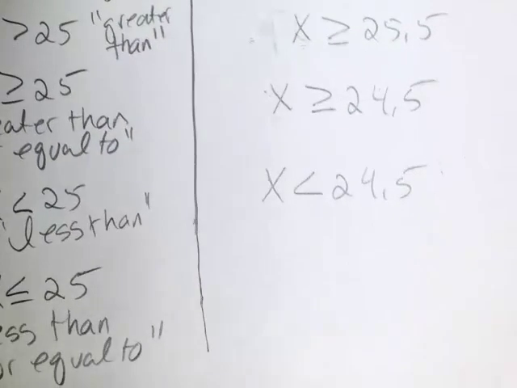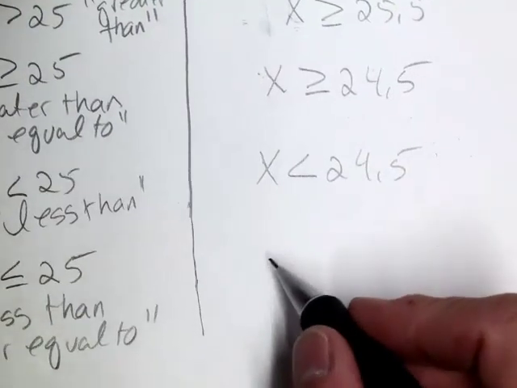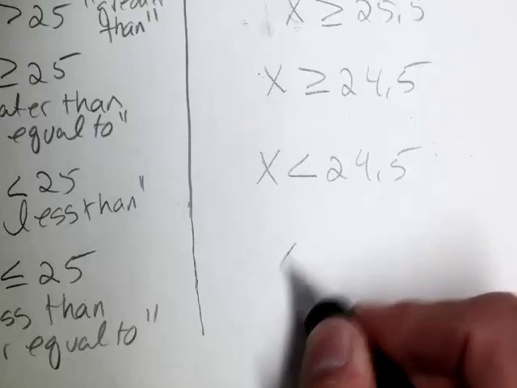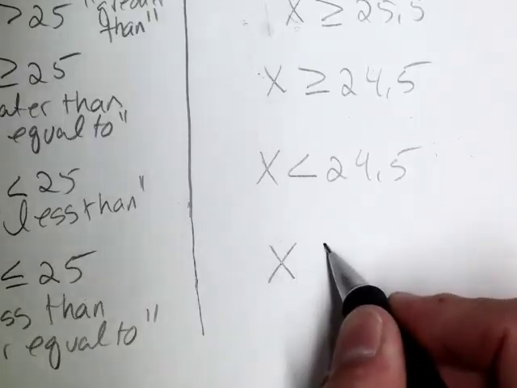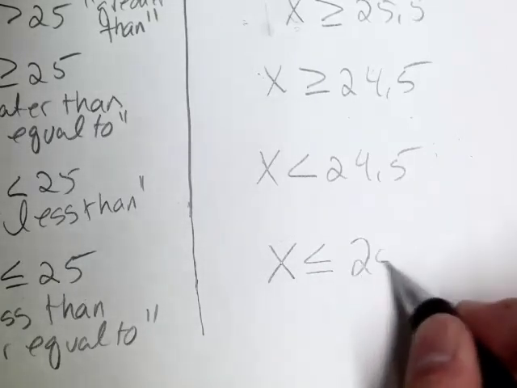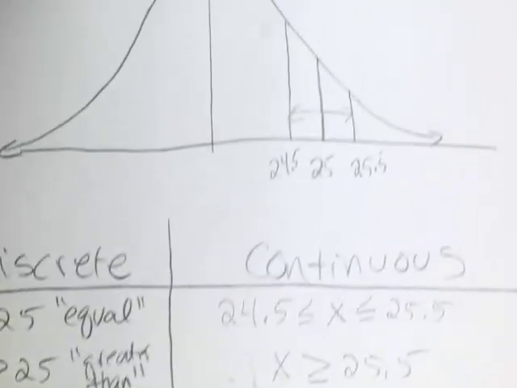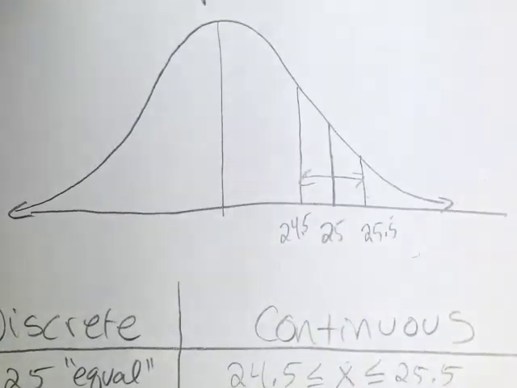So in the continuous case, as an inequality, that would be expressed as x is less than or equal to 25.5.